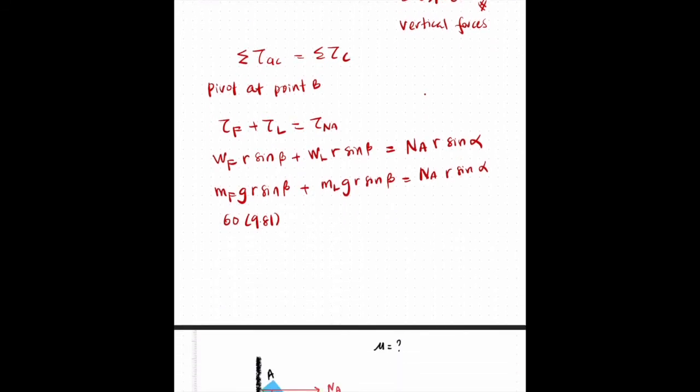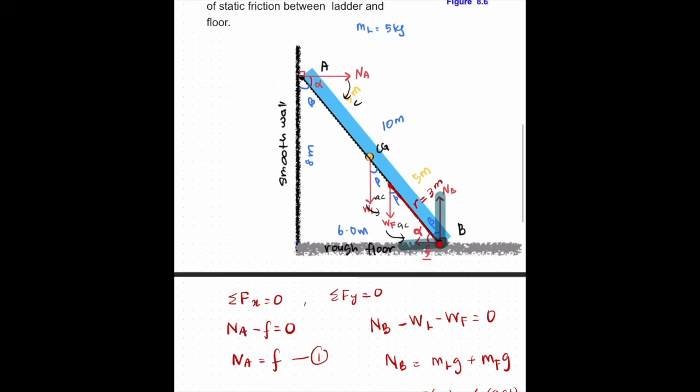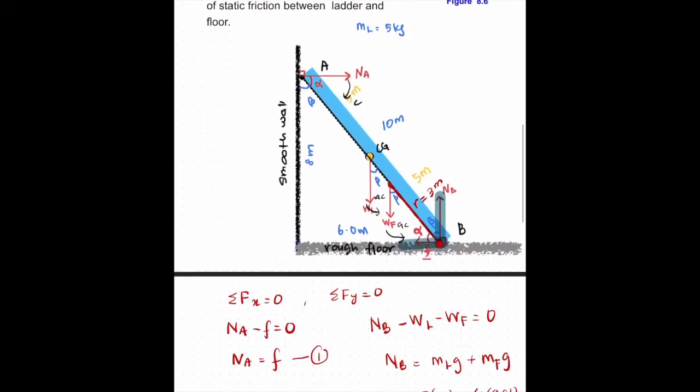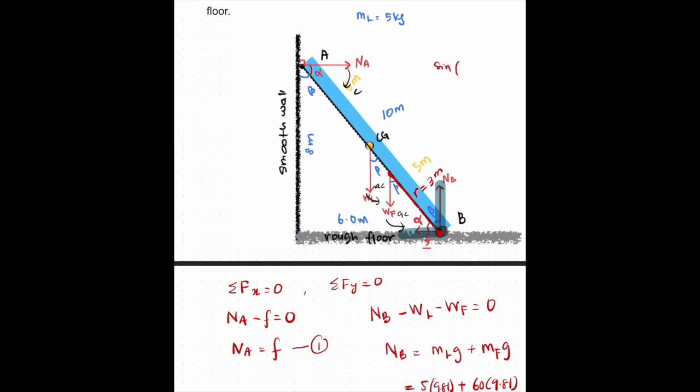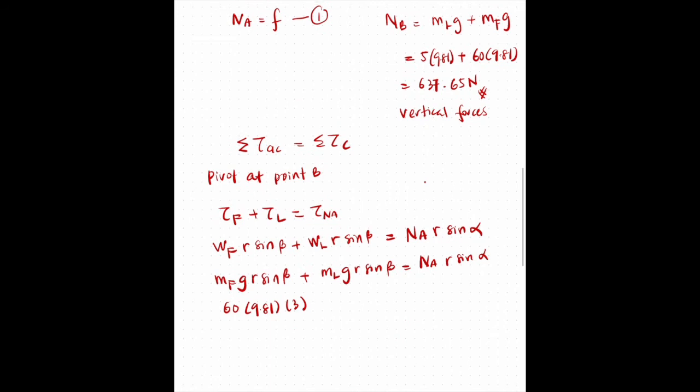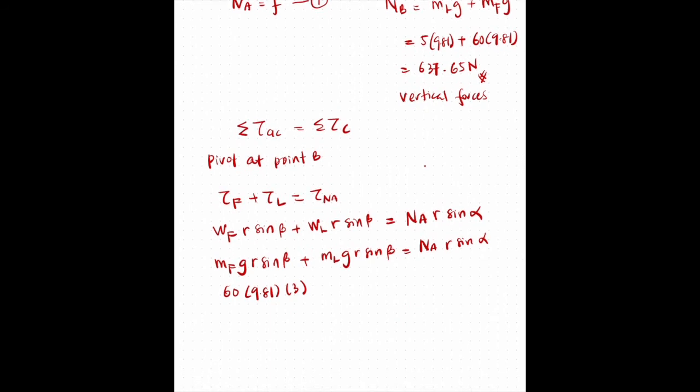Sin beta, as we calculated before, sin beta is equal to 6/10. Then our sin beta is 0.6.